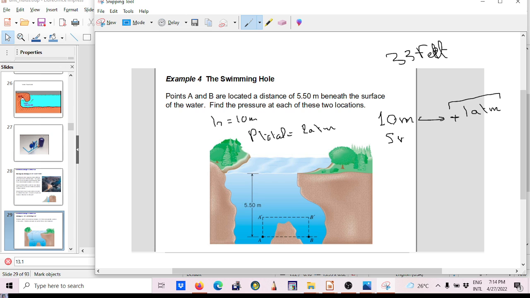So if you have 5 meters, of course, you're going to add 0.5 atmosphere. So you can try. What is 15 meters? Okay, it's going to be plus 1.5 atmosphere. And 20 meters is going to be plus 2 atmosphere.